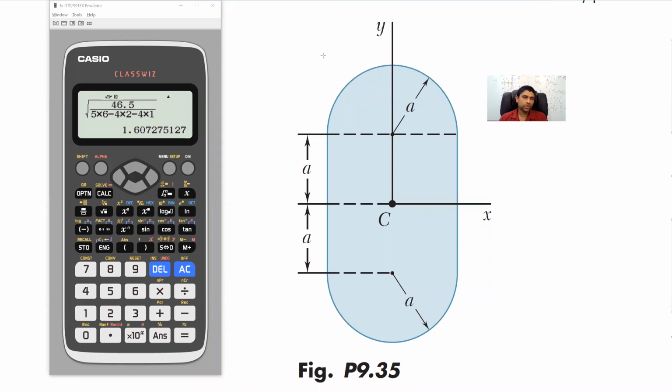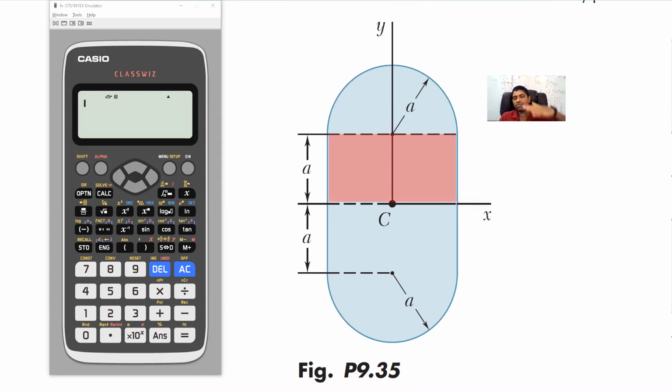Okay, we will move into 9.36. Okay, 9.35. In the case of 9.35, we have to find both Ix and Iy. First, we will find Ix, right? So we can consider this.